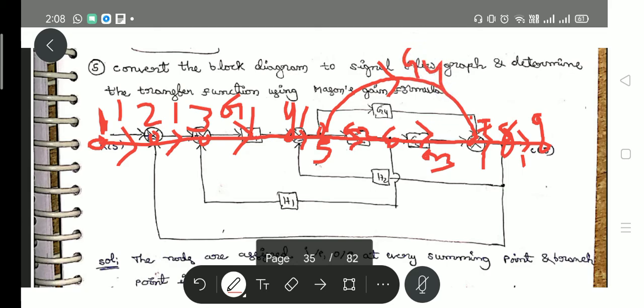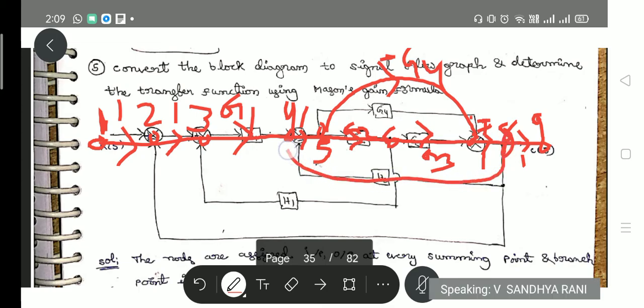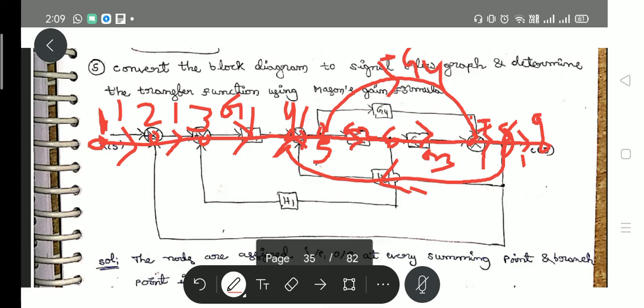Here minus is there at the summing point in the feedback, so we take minus G4. Then from 8 to 4, one feedback is there, the direction is like this, so we take H2. Here minus is there, so minus H2.